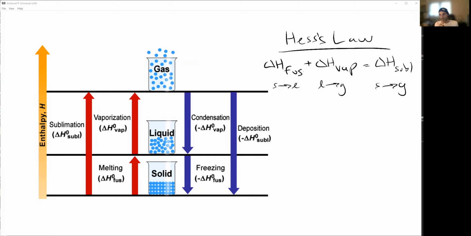So those two things are equal, okay? And that's what you notice here is this plus this equals this, which seems to make sense. But again, we have to recognize that there's no loss in energy. It's a state function. So we can look at those in a bunch of different ways.